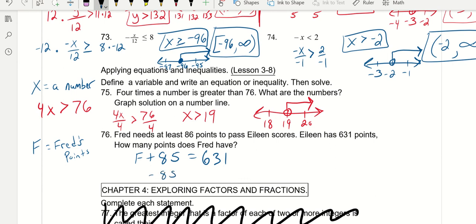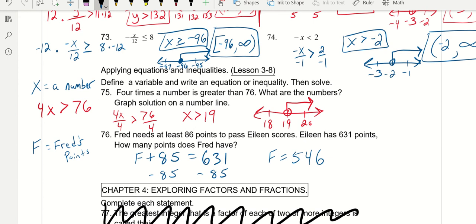So we subtract 85 on both sides, minus 85, minus 85. And Fred has, let's see, let's subtract 5, that's 626. And then subtract 80, that is 546. Let's check this one more time.